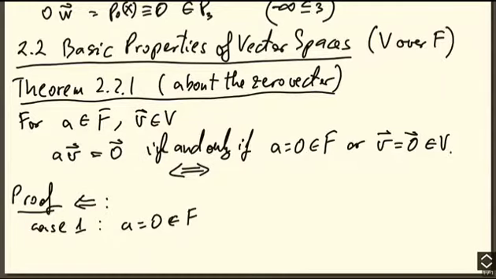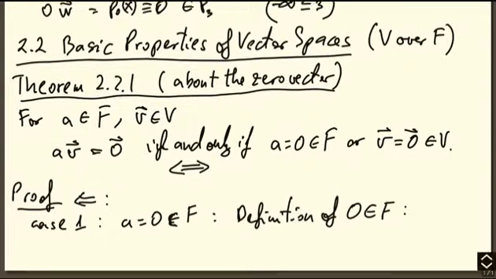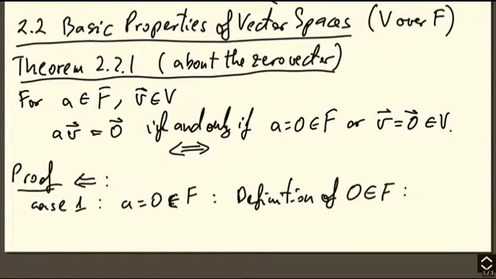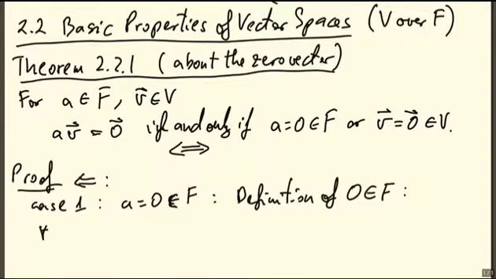Again, this might look trivial. What do we need? We multiply by 0 and we get 0. What is important to remember is that the definition of the zero scalar is not about the scalar multiplication. So F is a field, it has its own multiplication and addition, more importantly right now.